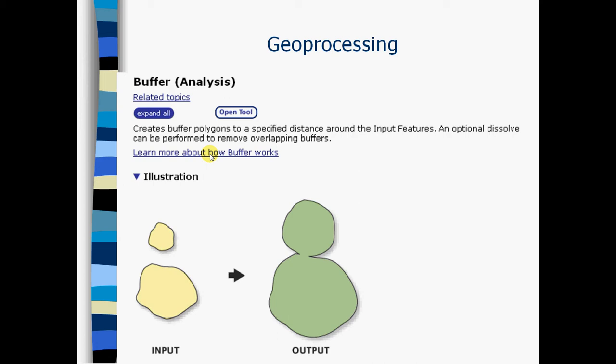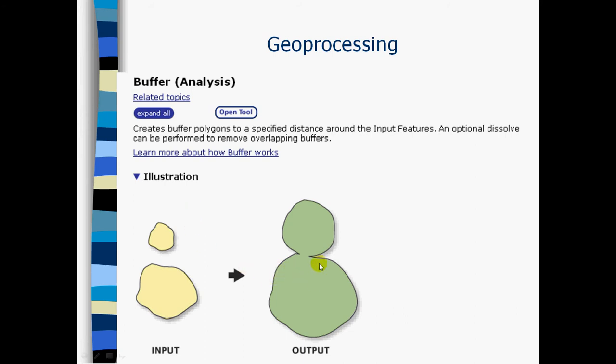There may be a circumstance that needs analysis in which some effect is felt within an area and up to a certain distance away from that area. And buffering allows one to create a new area, a new feature that includes the original area plus some distance outside of it.